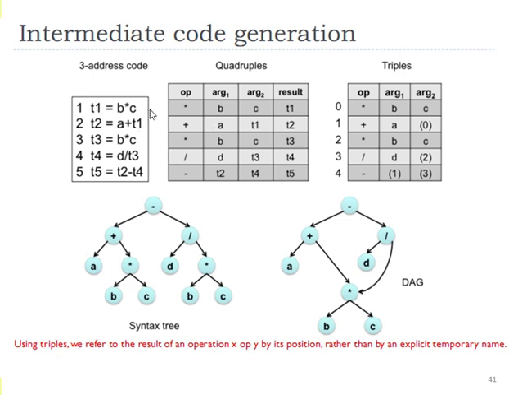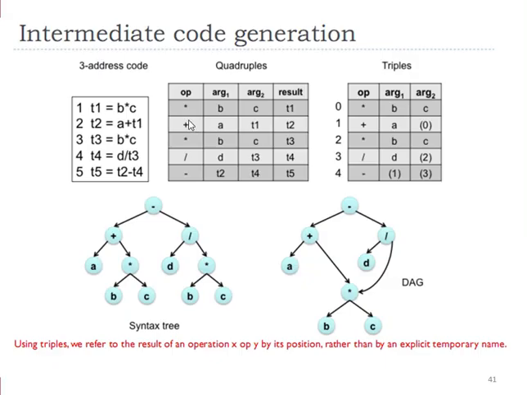For example, from this three-address code we can create a quadruple by taking each sub-expression of the three-address code. So for this one we have those 5 rows, corresponding to 5 rows of the quadruple.